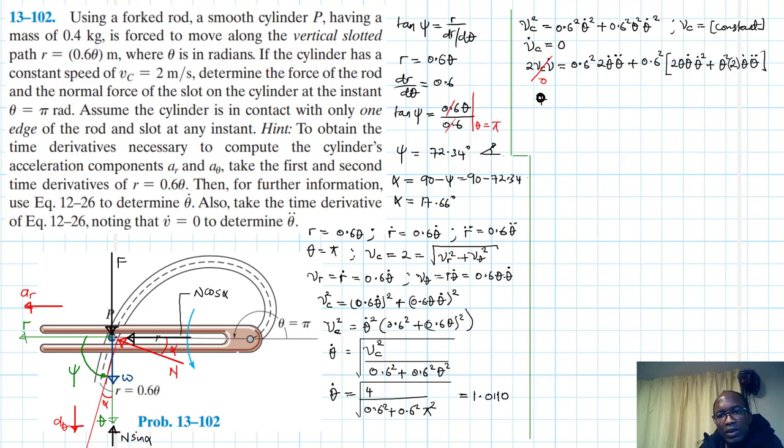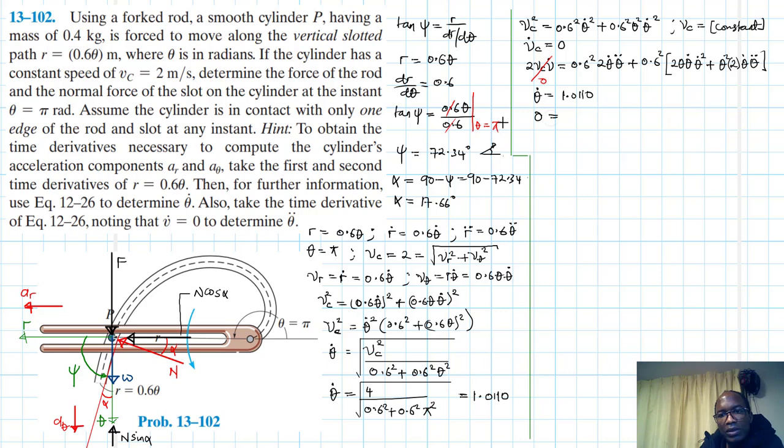Therefore we'll have 0 is equal to, we found what theta dot is. We can work this out. Our theta dot we calculated is equal to 1.0110. We can begin to replace that.